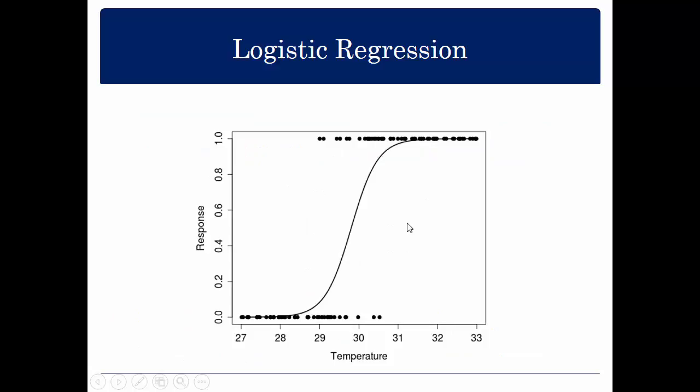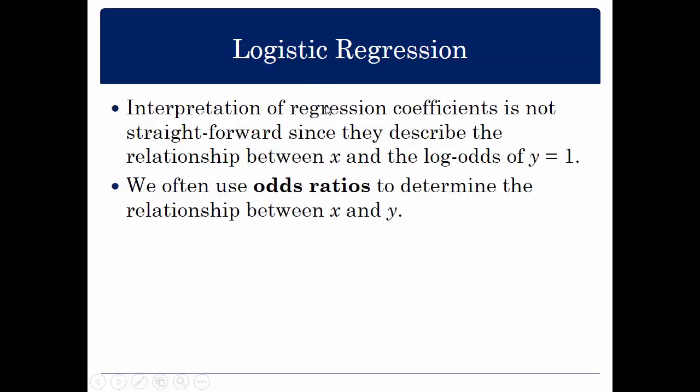If you plot binary data on the y-axis, it's either going to be 0 or it's going to be 1. But if we think the chances of the event occurring, which would be a y equal 1, are actually related in some way to some covariate like temperature, then you might actually see a separation in terms of the x-axis between non-events and events. And the nice way to link some covariate with this response, 0 and 1, is through the logistic function.